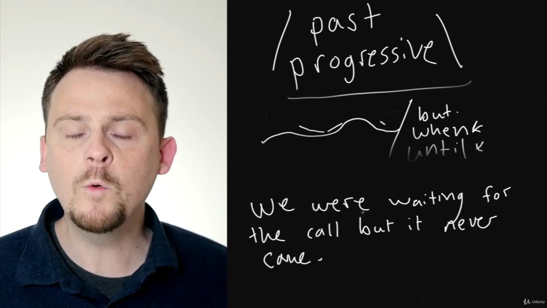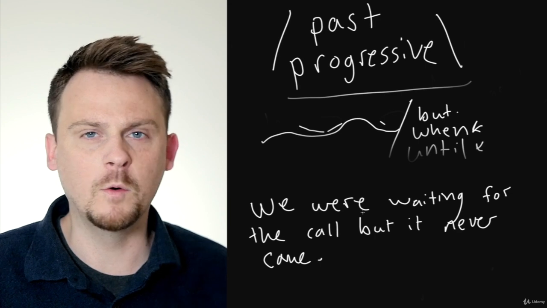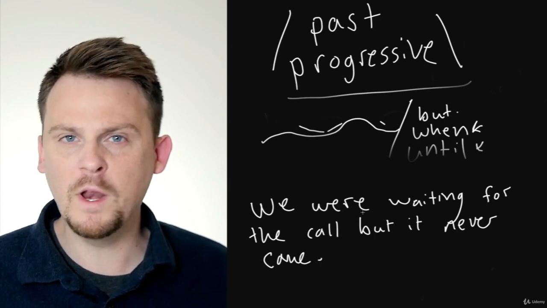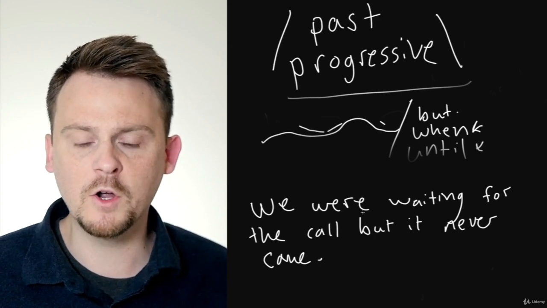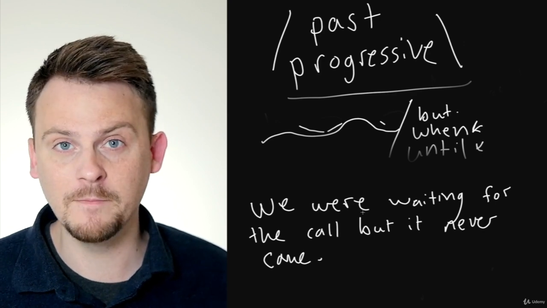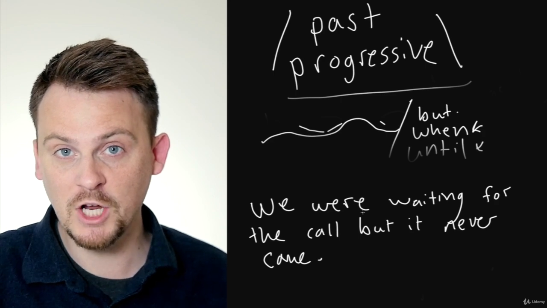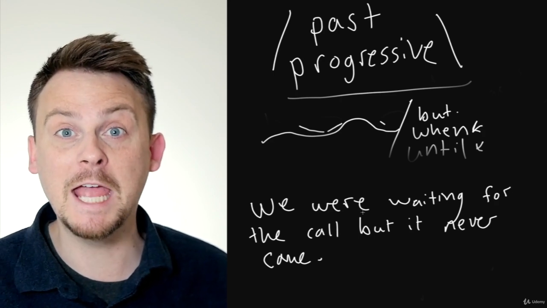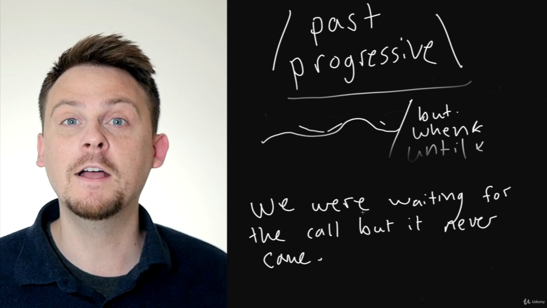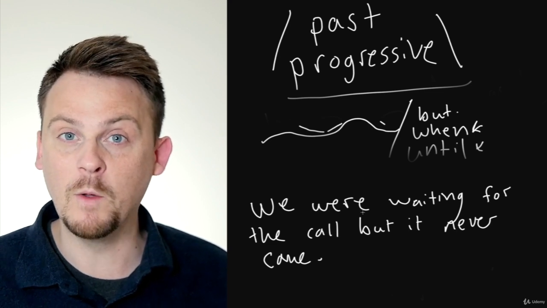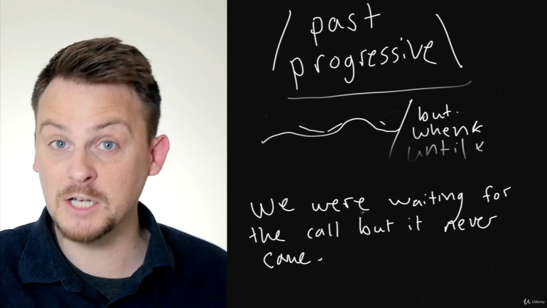So here's another one. We were waiting for the call or the gift or the letter or whatever. It doesn't matter. We were waiting for the call, but it never came. Were waiting. But it never came. Came is the simple past tense. Okay, that one's pretty simple as well. We want to focus on the fact that it didn't come.